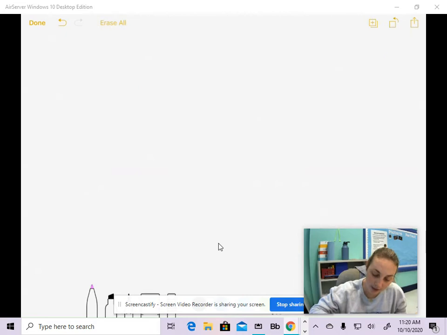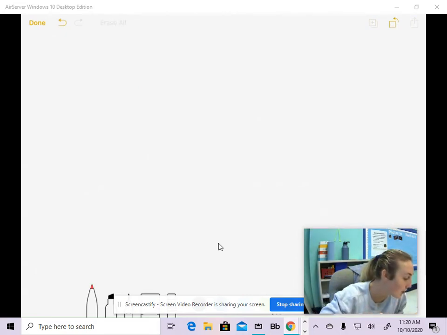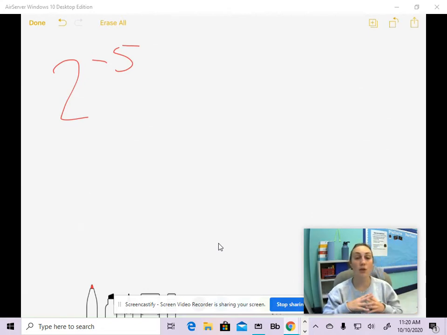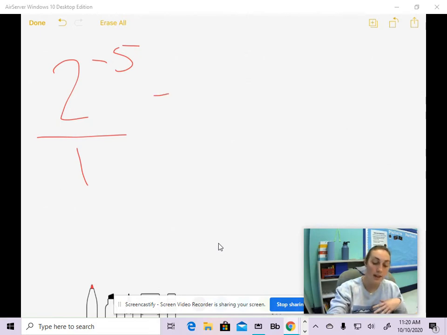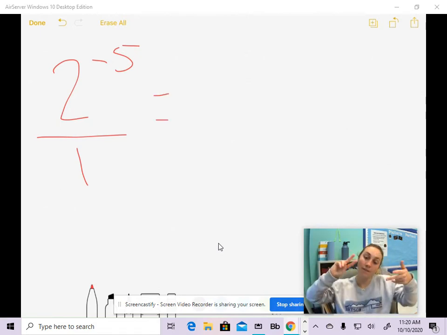Let's do another example. Let's do 2 and then -5. All right. So the -5 again is negative. So we need to turn that into a positive exponent 5. So again, first step is to put this over 1. That's how you would turn that into a fraction. And then once we turn it into a fraction, we can flip it.